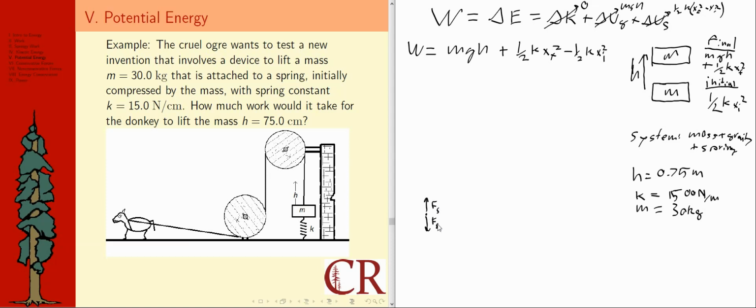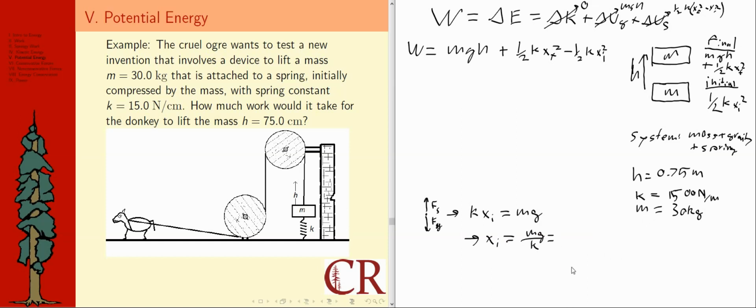If it's perfectly in balance there initially, just compressed by its own weight, that implies that the spring force in the form of Hooke's law, k times x_i in this case, should be exactly equal to the weight, mg, which suggests that x_i is equal to mg over k, which is calculable because we have mass.